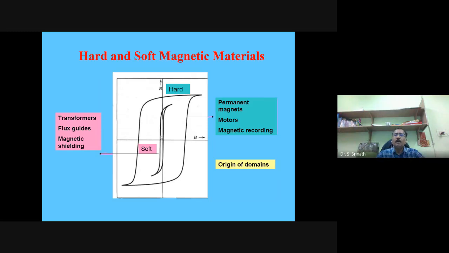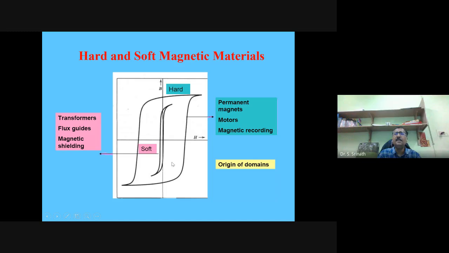High permeability means the magnetic field lines prefer to go through the material rather than through space outside. So all the field lines go through this high permeable shield, leaving the inside device free of electromagnetic interference. So for magnetic shielding, these soft magnetic materials are useful.